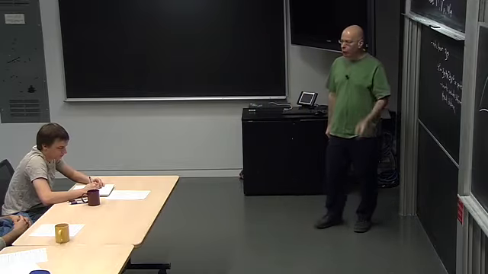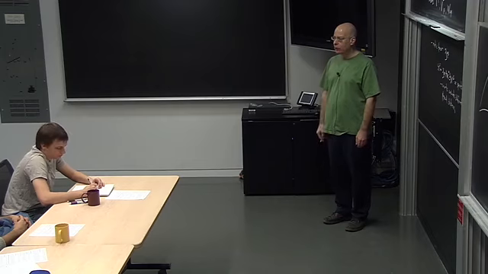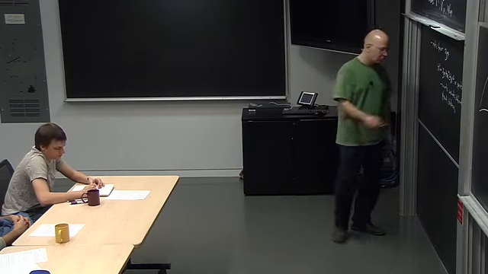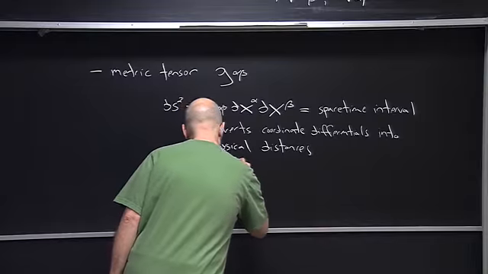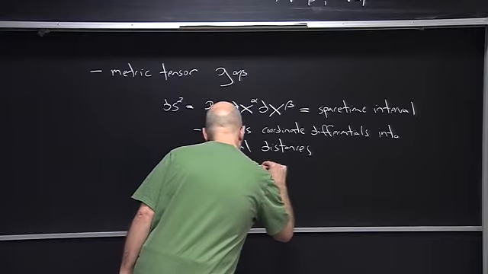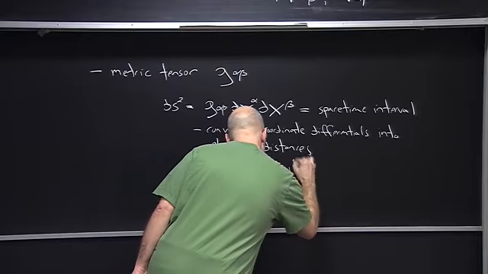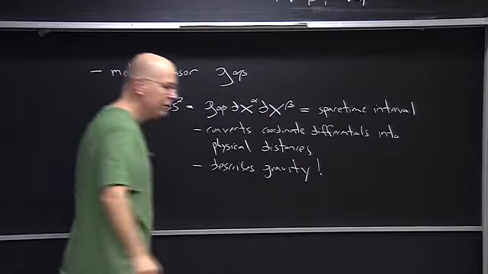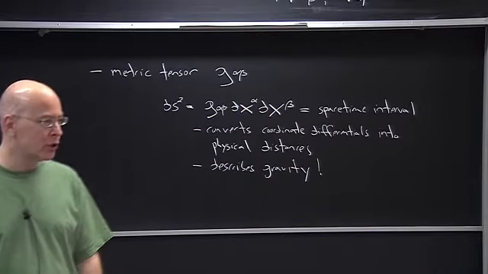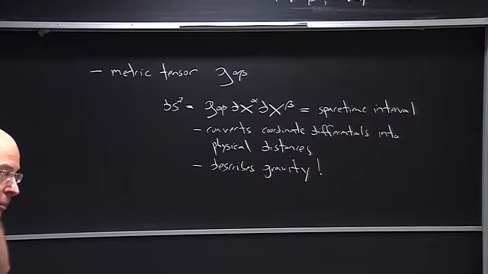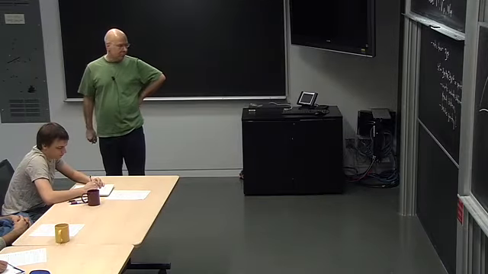But of course, in GR, we wanted to do more than that. It also is supposed to contain gravitational information. And that's really, for us, the most important or the most interesting thing. It's supposed to describe gravity.